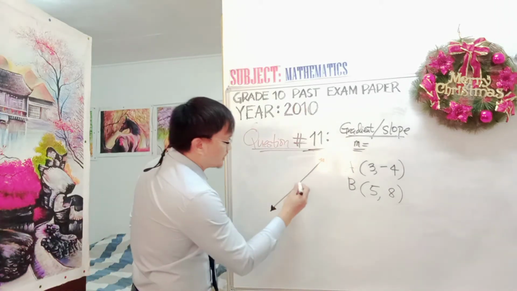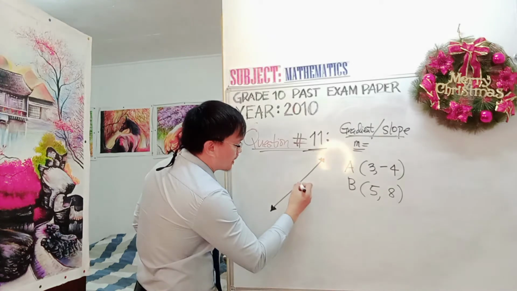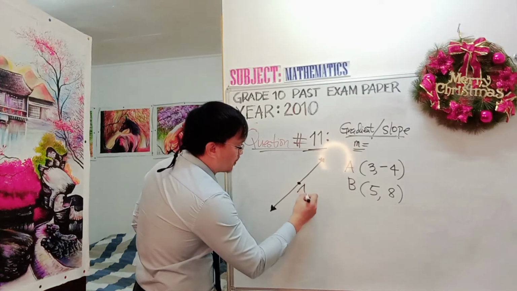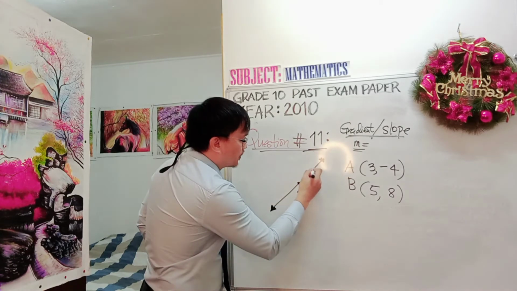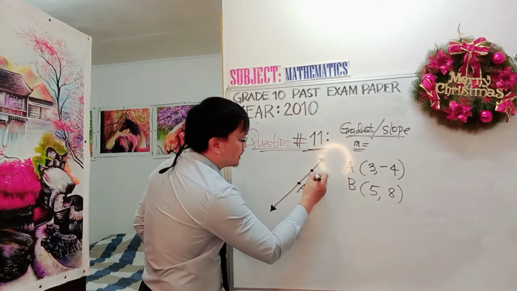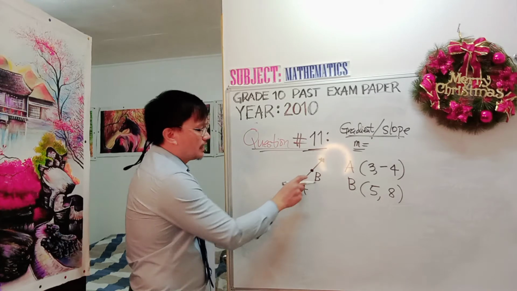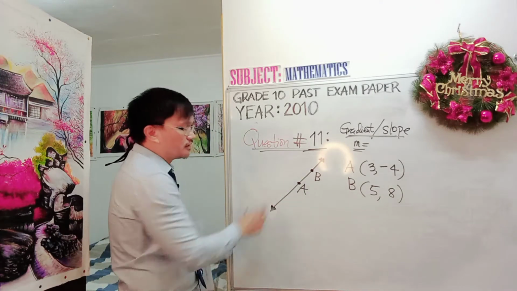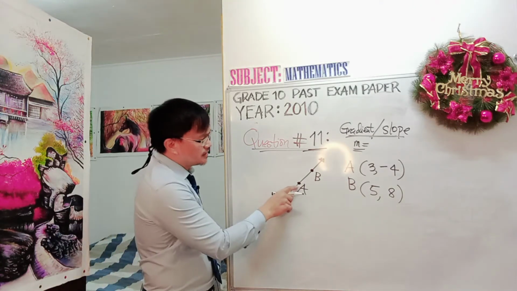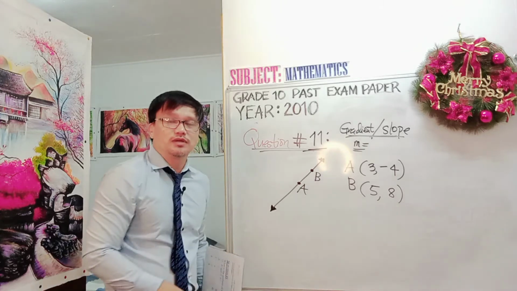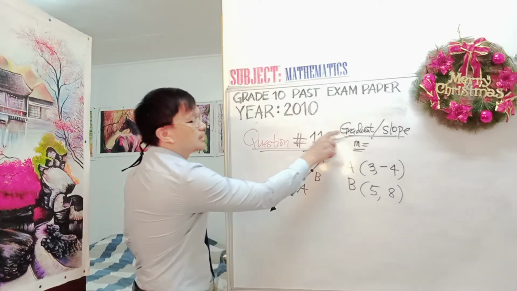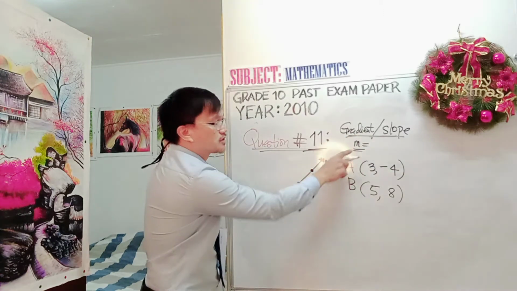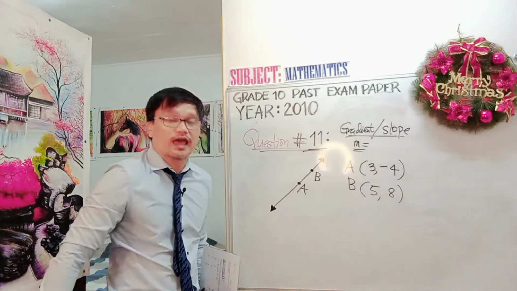Assuming that this is point A, which is on the line, and the second point is point B, which is also on the line. So these points A and B will have the same gradient or slope, which is small letter m.